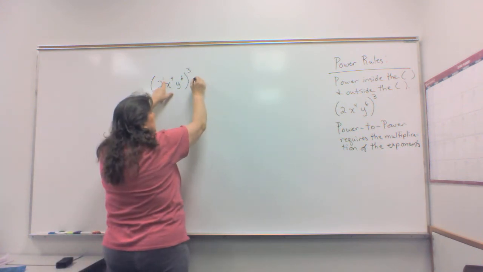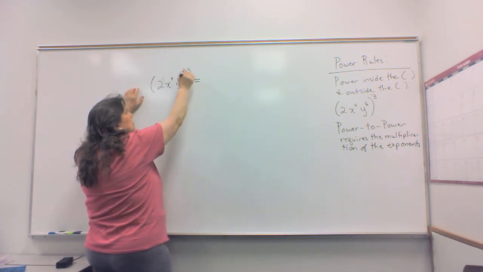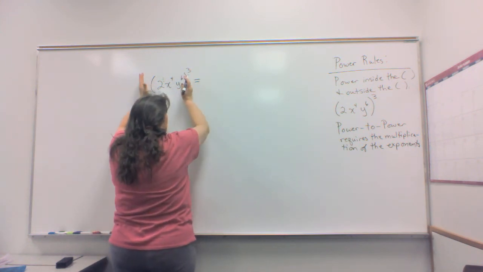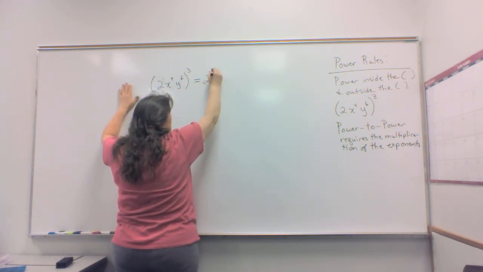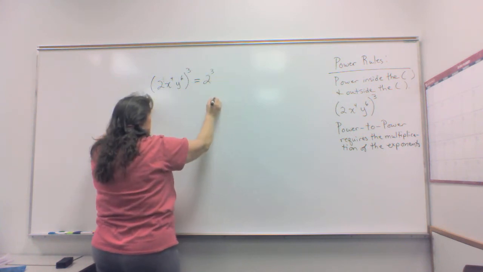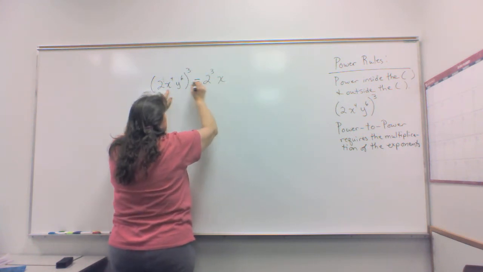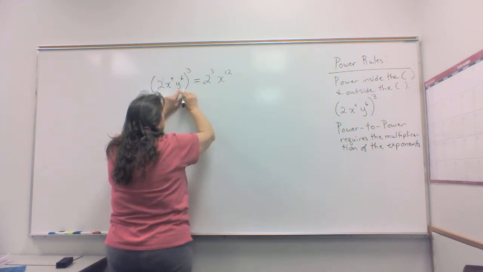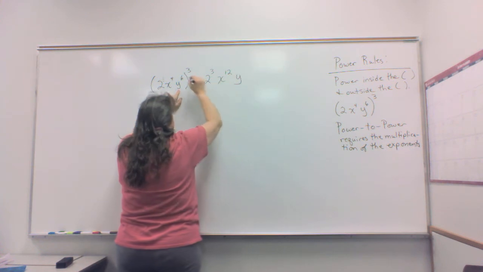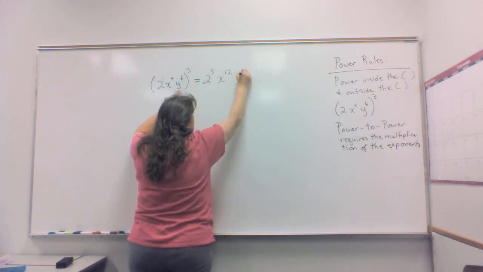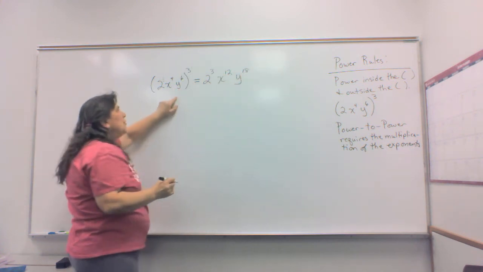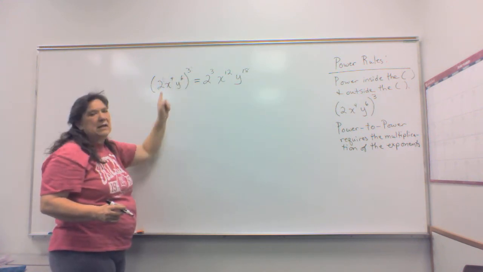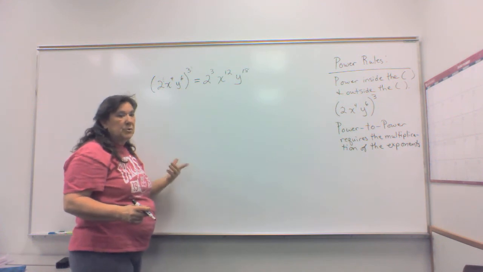Therefore, my power to power says this power multiplies the power that is outside the parentheses. So I've got 2 to the 1 times 3, which is 3, and then x to the 4 times 3, which is x to the 12th, and y to the 6 times 3, which is 18. Notice that that outside exponent applies to everything inside the parentheses.